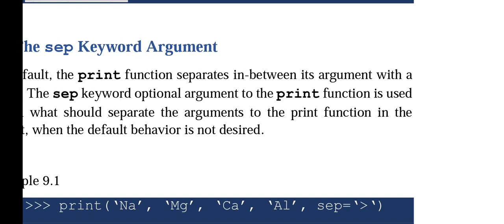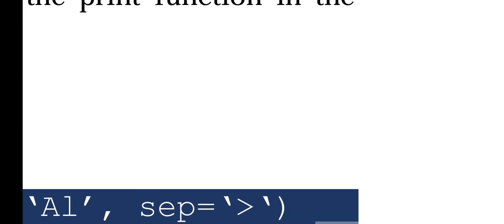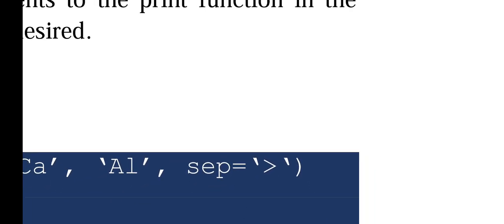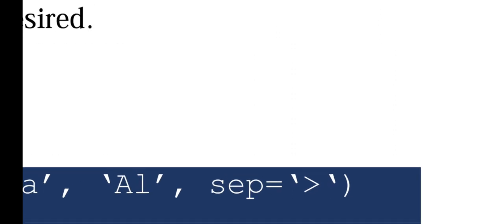And can you see the optional keyword argument is passed and assigned to the sep variable. Take it as a variable or keyword argument. Assigned to it is the string representation of the greater-than sign. So we are instructing the print function to separate its arguments in the output with what is assigned to the sep keyword argument.